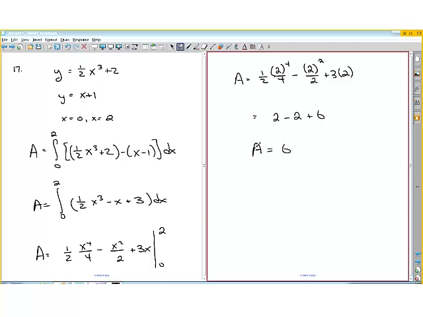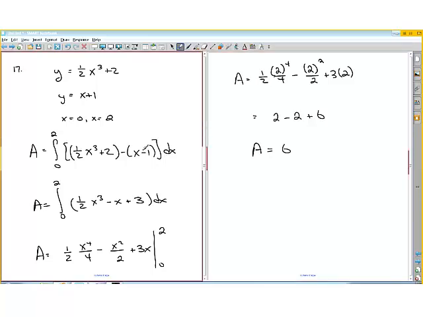So let me just check the book. Okay, that's not what the book says. What did I do wrong? Oh, okay, that should be plus. So then I have minus 2 minus 1, so that becomes positive 1.